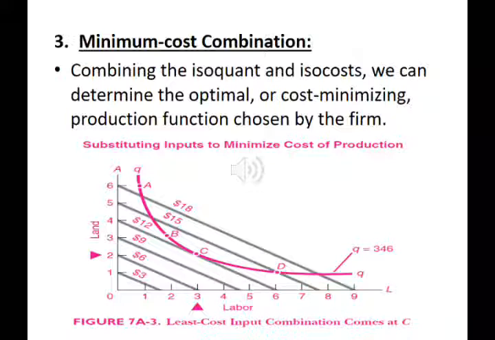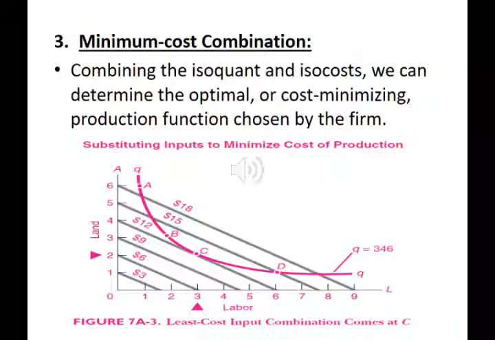This means that the equilibrium for our firm will be achieved at point C. This is where the isoquant is tangent to the lowest isocost. Here at point C, the isoquant is tangent, or just touches the isocost. At this point of tangency, the slopes of the isoquant and the isocost must be equal.